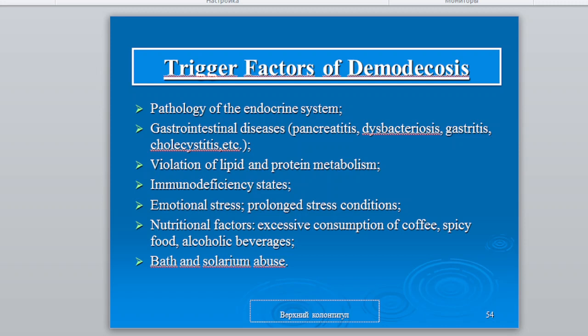Immunodeficiency states. Emotional stress, prolonged stress conditions. Nutritional factors: excessive consumption of coffee, spicy food, alcoholic beverages, bath and solarium abuse.